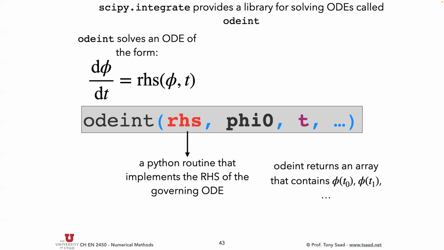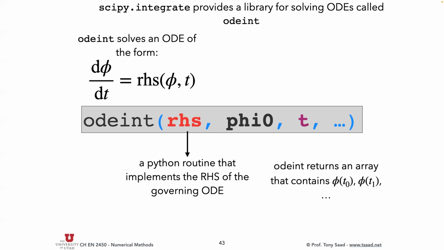But at least it needs the 3 arguments: a right-hand side routine, which is just a Python routine to return the right-hand side of the ODE or system of ODEs you're solving. So this would effectively return either the right-hand side of the convective heat transfer equation, so H times T minus T infinity, or the radiative heat transfer equation, some coefficient times T to the 4 minus T infinity to the 4.